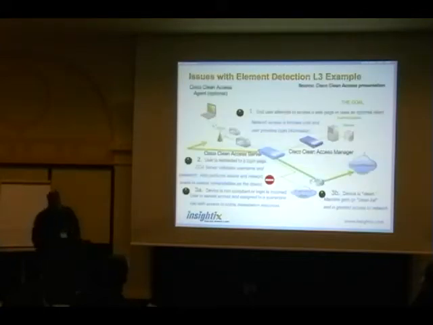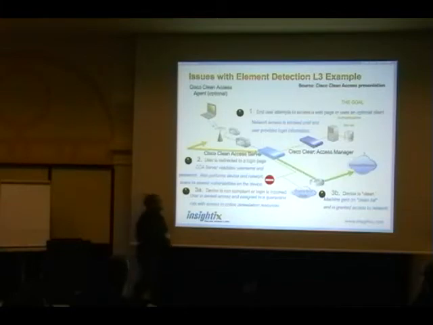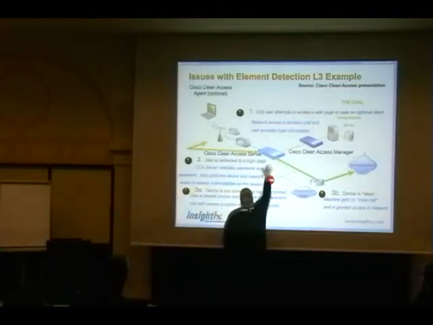Two examples. One of them is with Cisco Clean Access. This is actually taken from the original presentation. The problem here is that the detection of the device is actually being done at this stage.